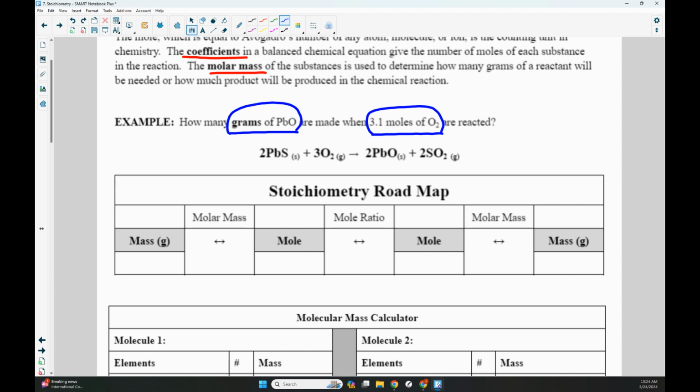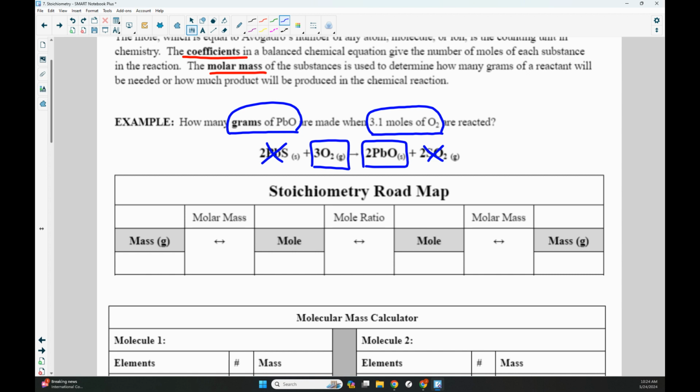So you've been given moles of oxygen and you're trying to figure out how many grams of lead oxide are going to come from that. So in this particular equation, we're interested in this part and we're interested in this part. And for this question, we can ignore these parts. They don't have anything to do with what we're trying to solve.